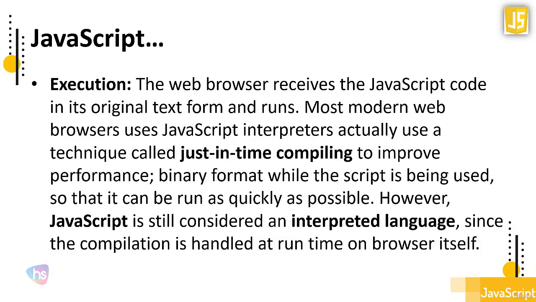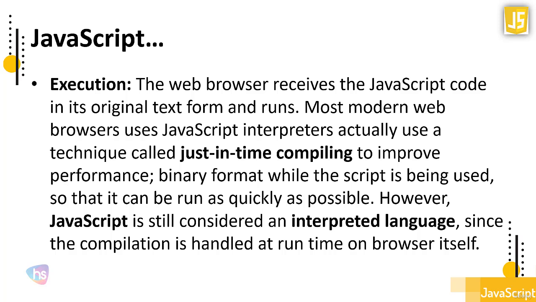Knowing more about JavaScript, the execution of plain JavaScript is done by the browser itself. The web browser receives the JavaScript code in its original text and runs it. Most modern web browsers use JavaScript interpreters that actually use a technique called just-in-time compilation to improve the performance of a web page.